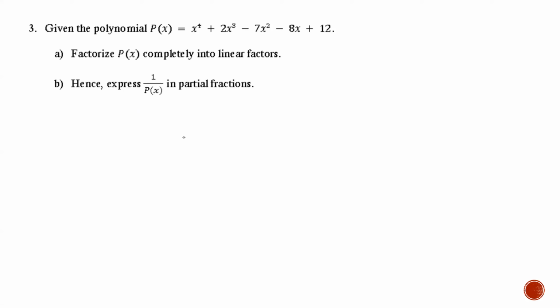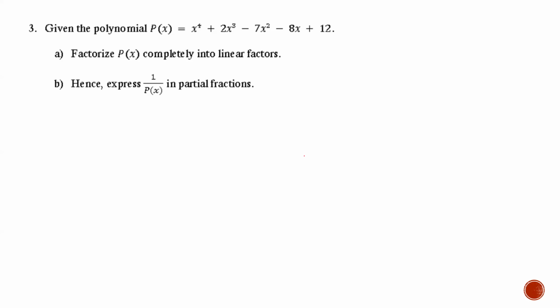Now, for quadratic polynomials, if we have something like x squared plus ax plus b, we use the formula of sum and product, where we have b as the product and a as the sum, so we look for factors of b that will give us the corresponding sum. However, for a quartic polynomial, it's not that straightforward.